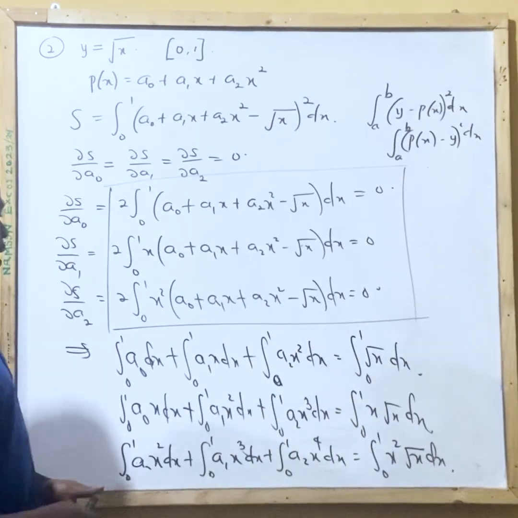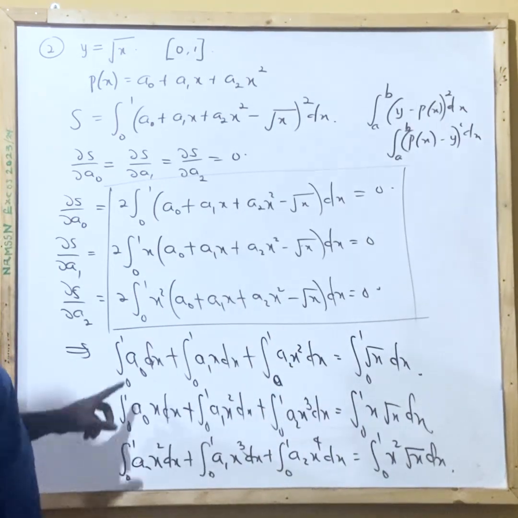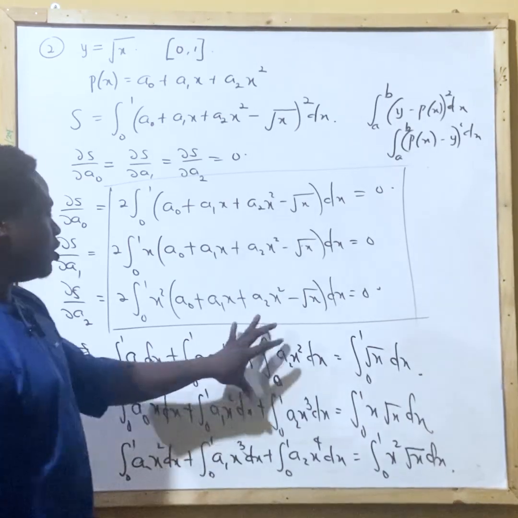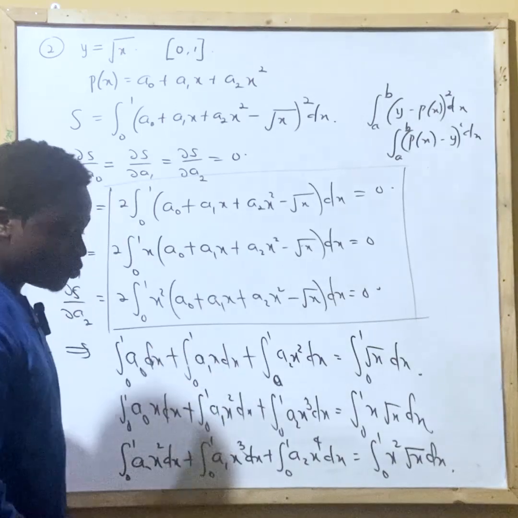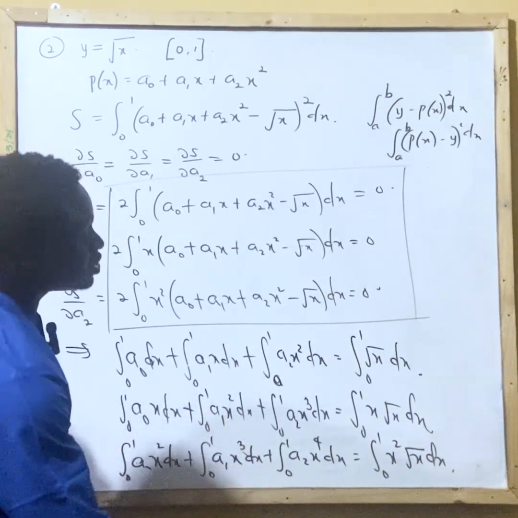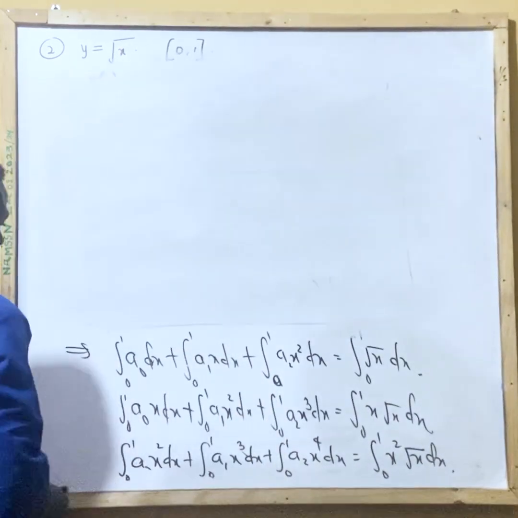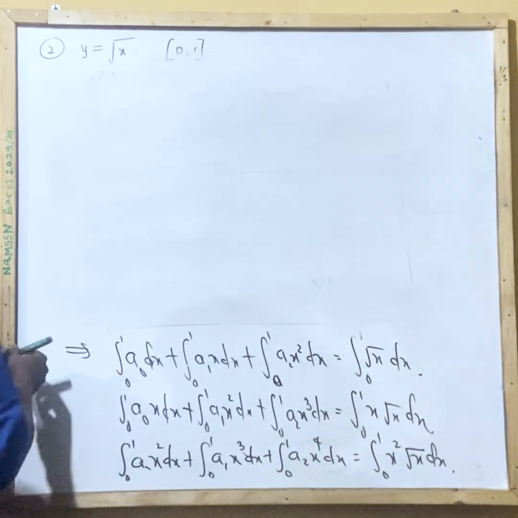Everything we are seeing here, from a naught and a1 up to the last one, integral x squared root x, we can integrate. So integrating all of this would give the following.